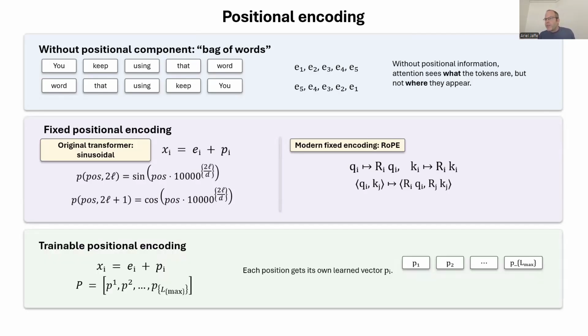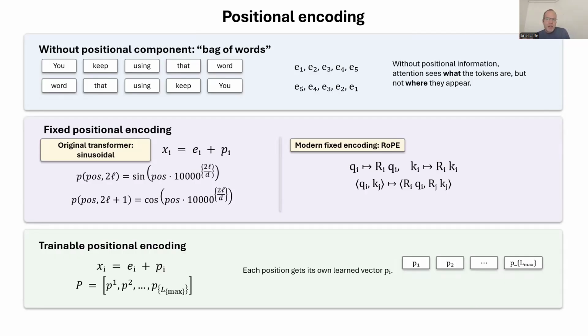And lastly, in modern architectures, usually this is actually a trainable part. I can represent a matrix P, which is a concatenation of all possible positions, where the maximal position is, say, 300. This is L max.